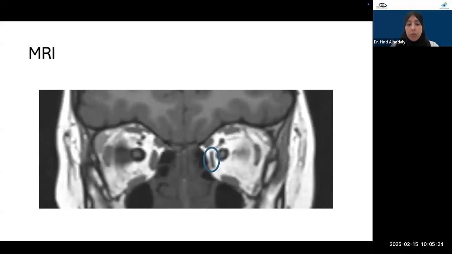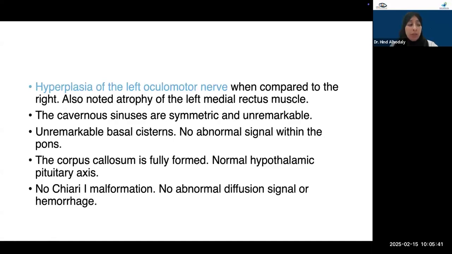On MRI of the orbit, there was left medial rectus hypoplasia or atrophy compared to the right medial rectus. Other muscles were normal. MRI of the brain was controversial.